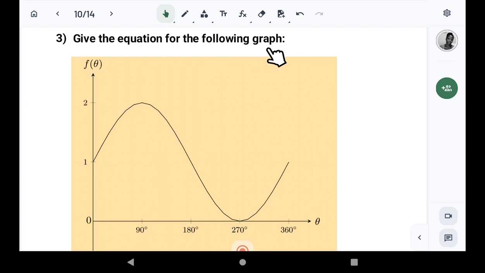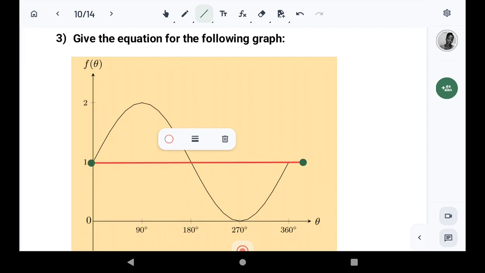Give the equation of the following graph. What to do in situations like this is create a resting point, that line of rest, by connecting the beginning point of the graph to the ending point of the graph, like this. Now it will give you the size, or the length, from the point of rest to the maximum point, or from the point of rest to the minimum point.